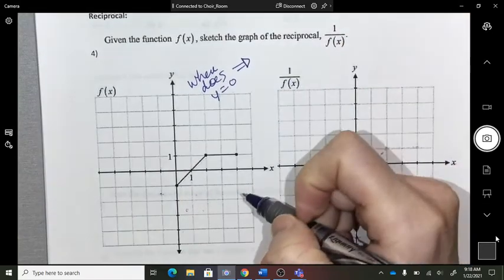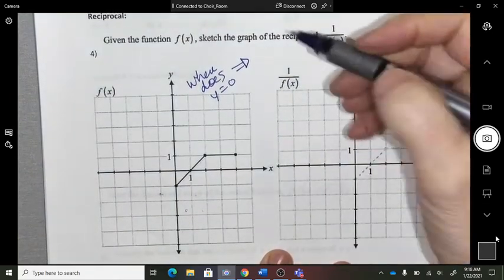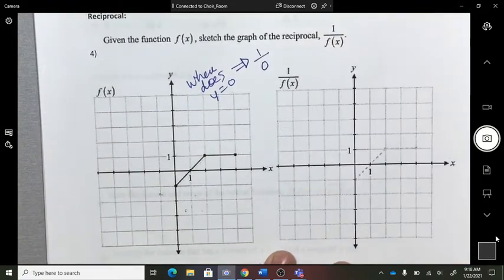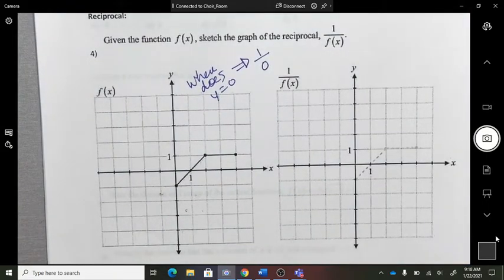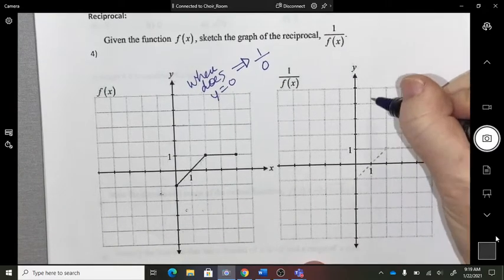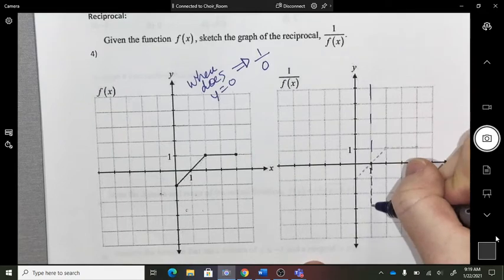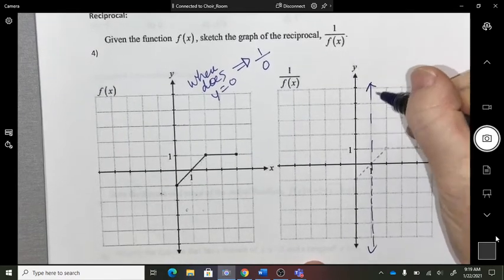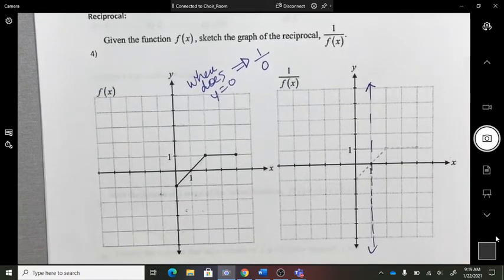Because what happens when you reciprocate that? What happens in math? Asymptote. So that's going to be right here. There's an asymptote.